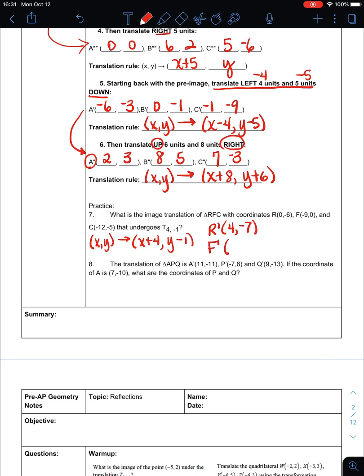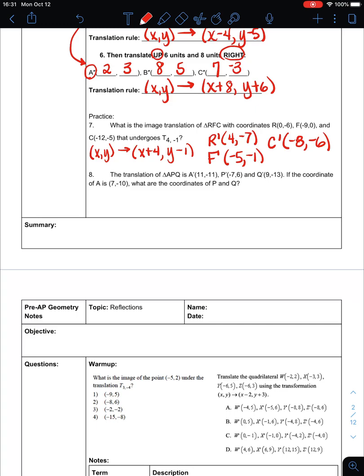F prime would be -9 plus 4, which is -5, and 0 minus 1 is -1. And C prime, the image of C, goes to -12 plus 4, which is -8, and -5 minus 1 is -6. Now you can see that the mistake that you're going to make is adding and subtracting positive and negative numbers.